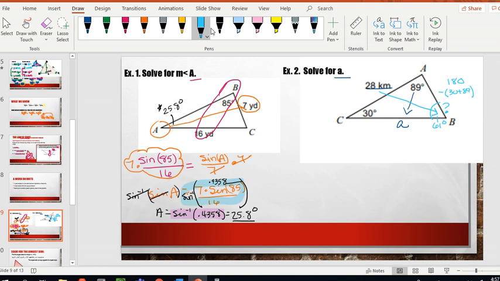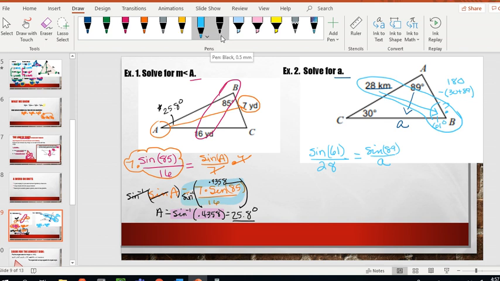So now that I have this side, I am going to start and include this as part of my sine because I have something that matches with its opposite side that I know both things. So sine of 61 over 28 is how I'm going to find A. All right, that's equal to sine of 89 all over A. All right, so at this point, a lot of my kids like to cross multiply.